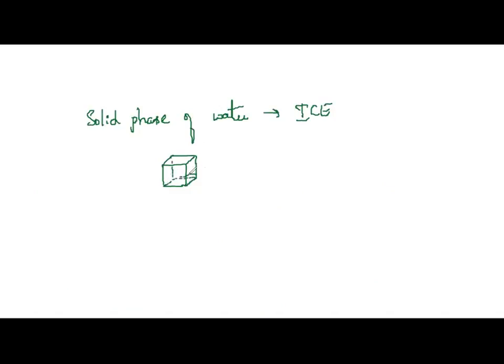They exist like this. Okay. So unlike most other substances, water in its solid form, that is ice, is less dense than its liquid form. The reason is, if you look at this phase, in the crystalline structure, ice exists in hexagonal packing.